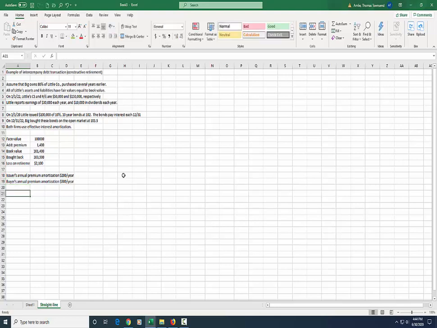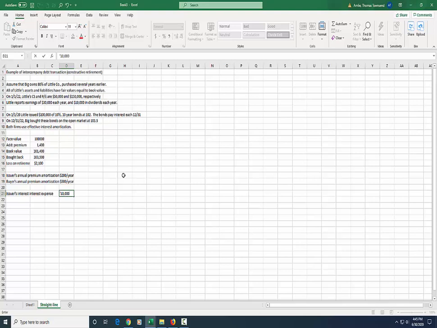The issuer's interest expense, and this is information we're going to need. The issuer's annual interest expense is going to be the coupon interest of $10,000, 10% of face value, plus or minus the $200 premium amortization.